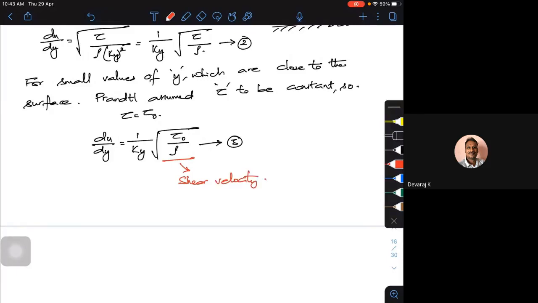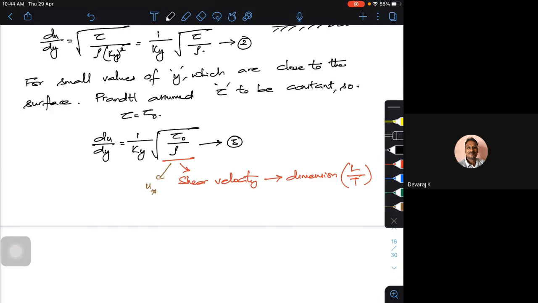A dimension of meters per second, that is L by T. So this square root of tau naught by rho is nothing but your shear velocity, and this is what is called U star or U tau, whatever it may be. That's where I will be able to calculate your shear component.